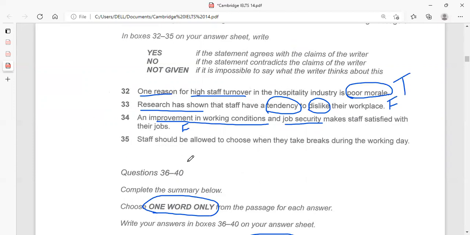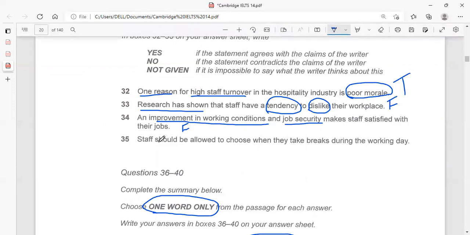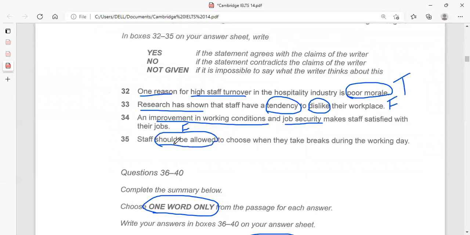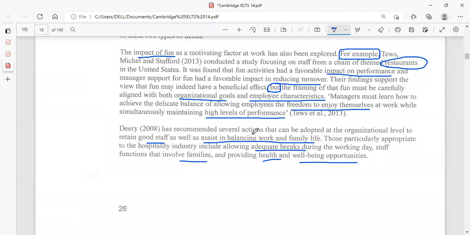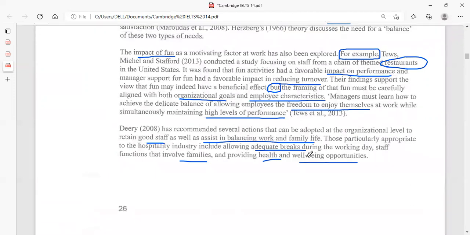Okay, 35th one. Staff should be allowed to choose when they take breaks during the working day. Should be allowed to choose. This is important. Where do we get this over here? Is something given anywhere? Like, they should be allowed to choose their breaks.